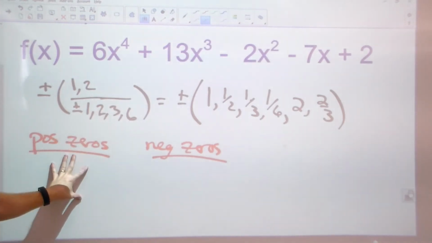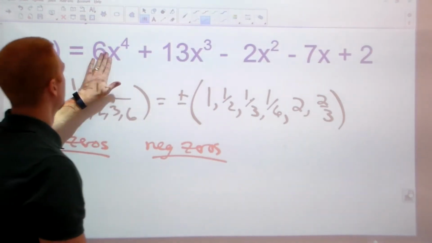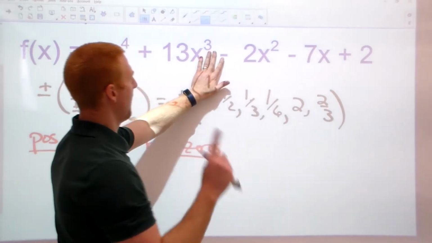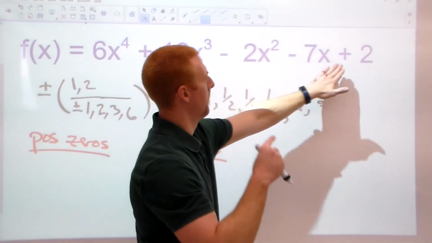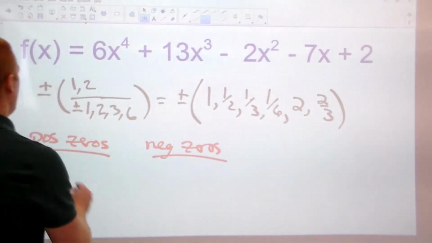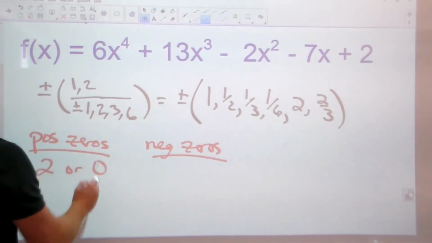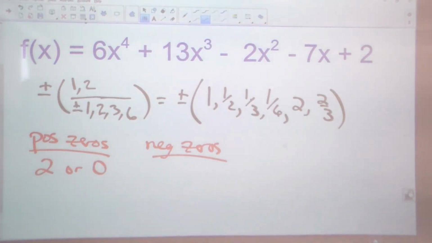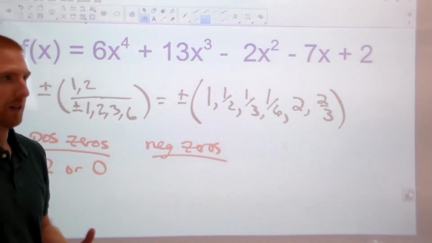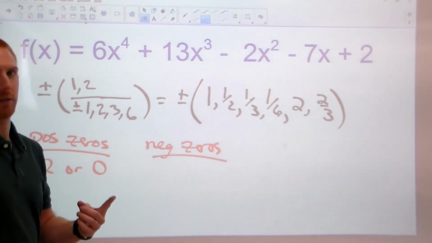That tells me my possible positive zeros. So plus, plus, I changed to minus, that's one change. Stayed minus, went back to positive, that's two changes. So we could have two or no positive zeros, that's possible. If you get an odd number of sign changes, it's kind of nice because you know you at least have one.